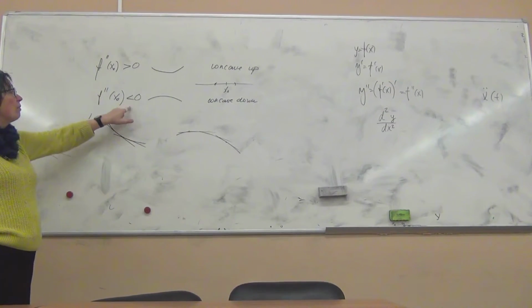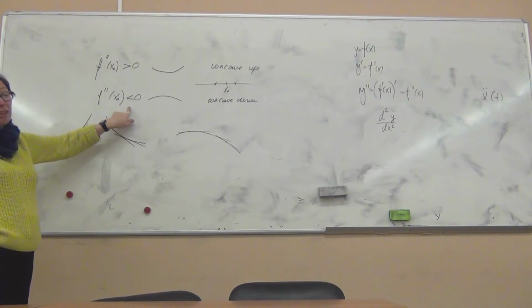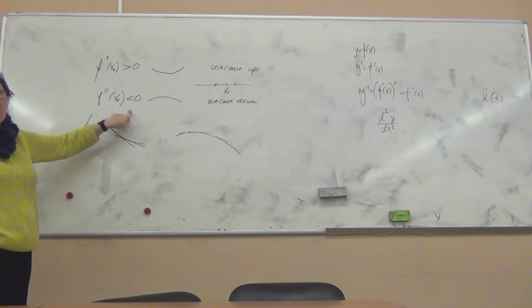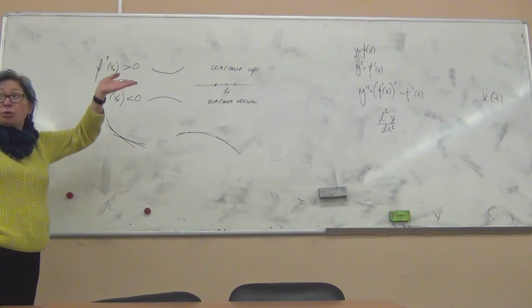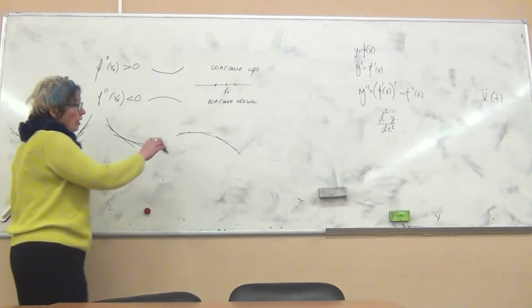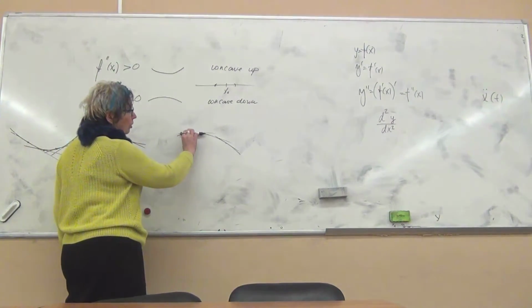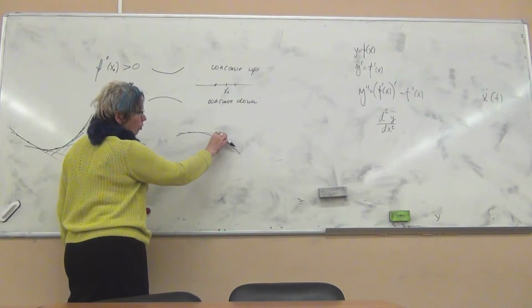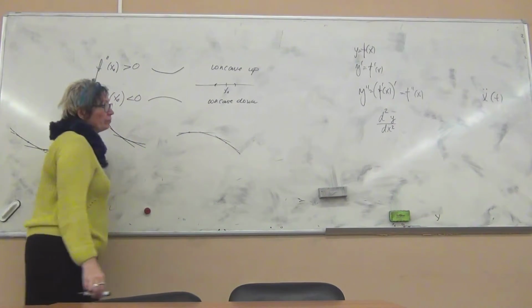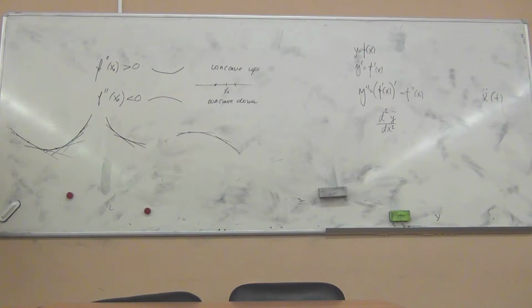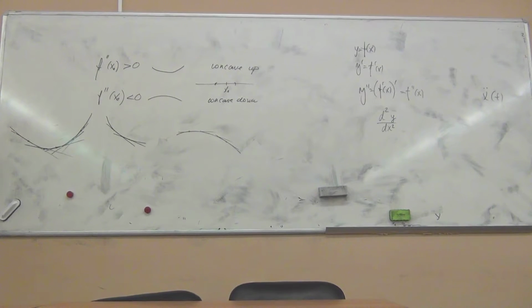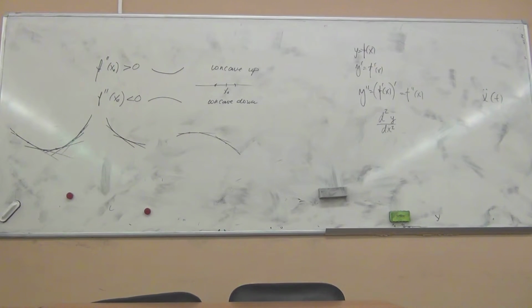If the second derivative is negative, then the first derivative is decreasing, according to what we had yesterday. And we can see, yes, for example, from 0 to something negative, more negative.